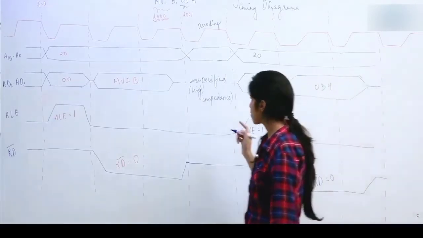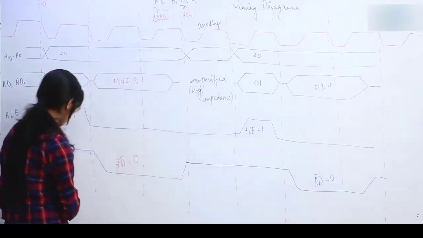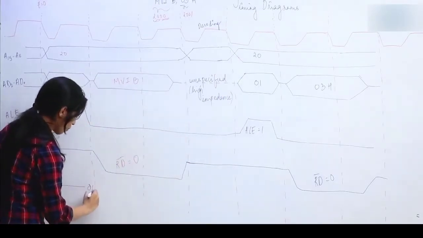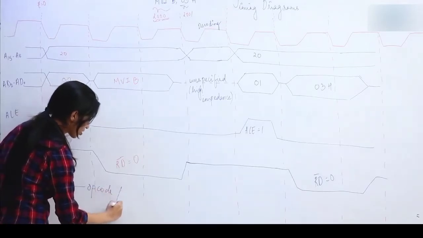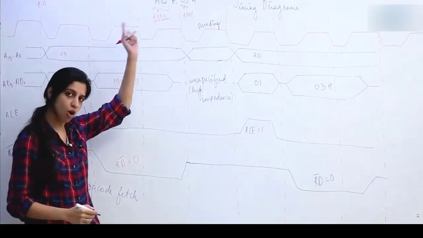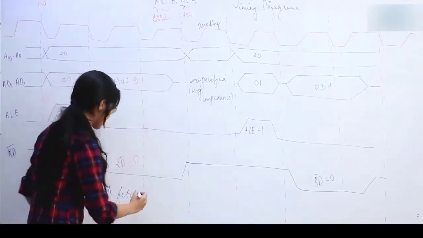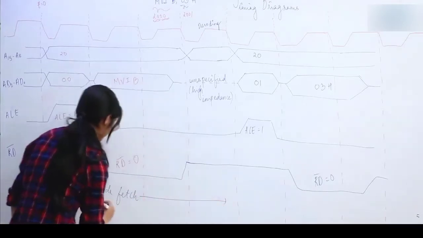Now see, these 4 clock cycles, 1, 2, 3, 4, are required for opcode fetch. MVI B was the opcode. To fetch this opcode, we required 4 clock cycles, 4 T states.